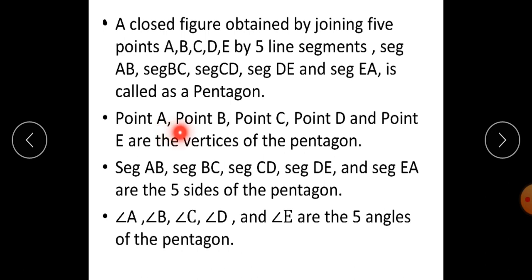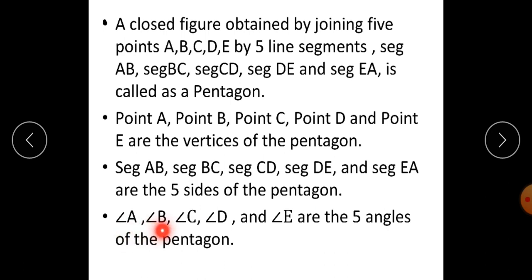Point A, point B, point C, point D, and point E are the five vertices of the pentagon. Seg AB, seg BC, seg CD, seg DE, and seg EA are the five sides of the pentagon.